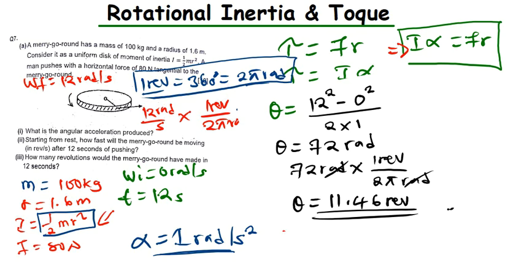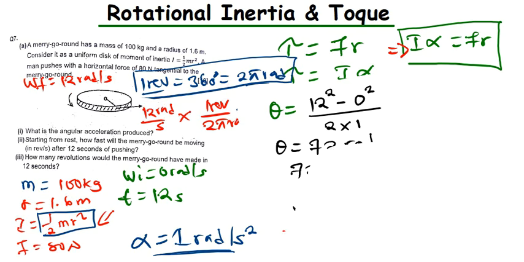As simple as that. Now you can also use the second formula to find that. Theta is equal to the initial term plus half alpha t squared. The initial is 0, so the first term is going to be cancelled.